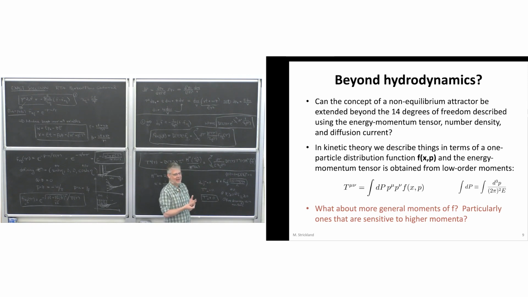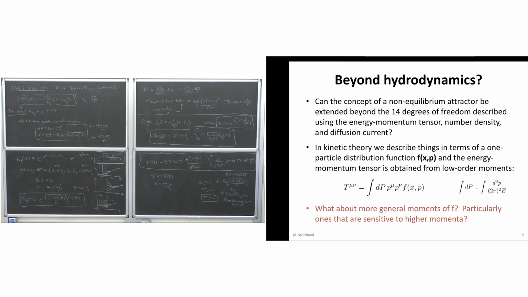But a kinetic theory has an infinite number of degrees of freedom because it has the full momentum dependence of all of the particle distribution functions. And we describe it through some space-time dependent one particle distribution function. Now, the things that we've been looking at so far, like PL over PT, oh, it has an attractor, we're great. Those are all based on T mu nu. It's a very low order moment of the one particle distribution function.